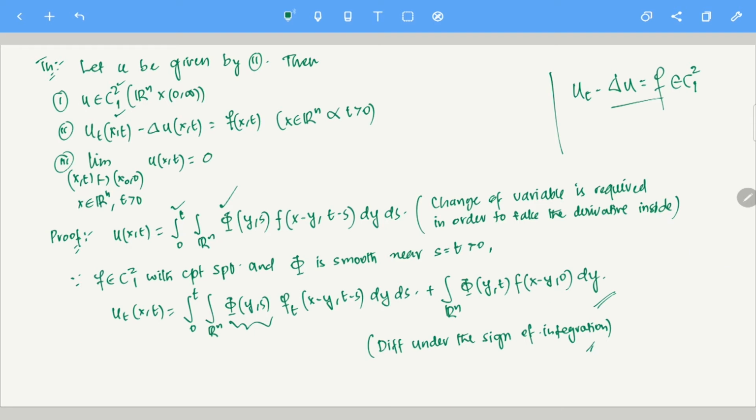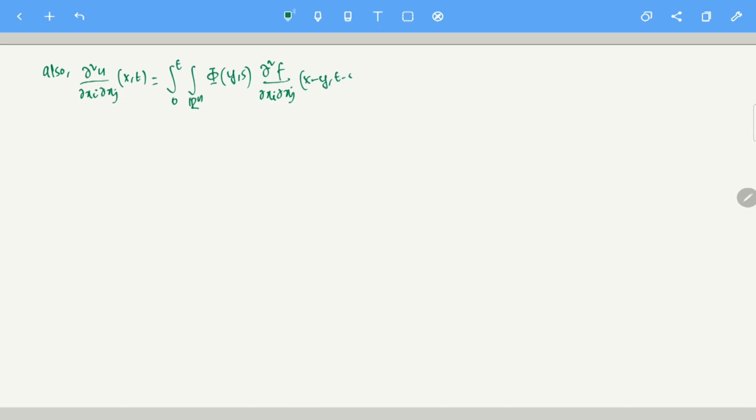Okay, so now if u_t looks like this, also del squared u del x_i del x_j. How does this look at any point (x, t)? That will look like the integral from 0 to t, integral over Rn, capital phi of (y, s), del squared f del x_i del x_j at the point (x minus y, t minus s) dy ds.